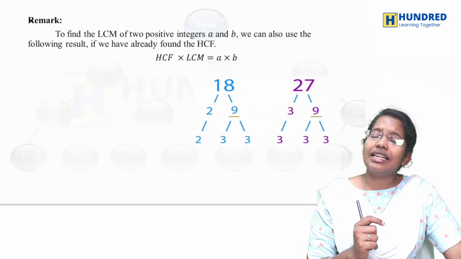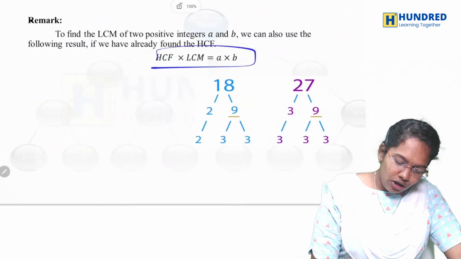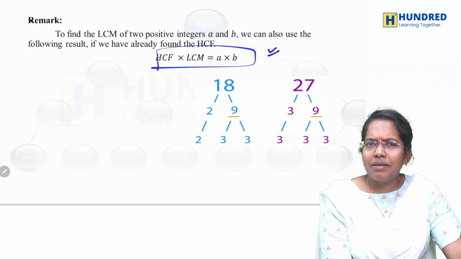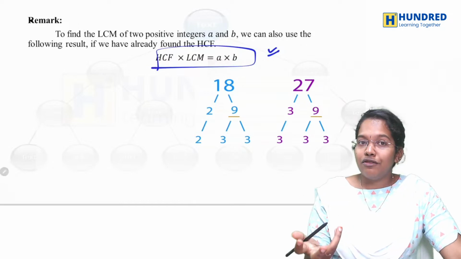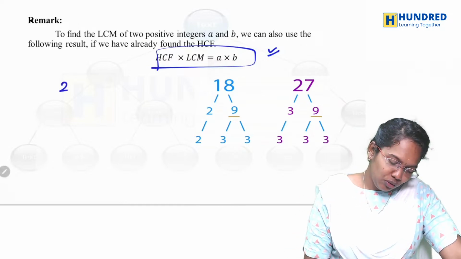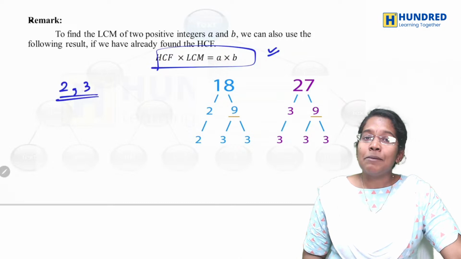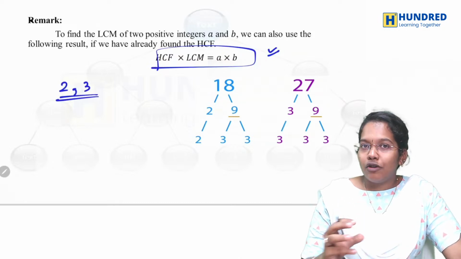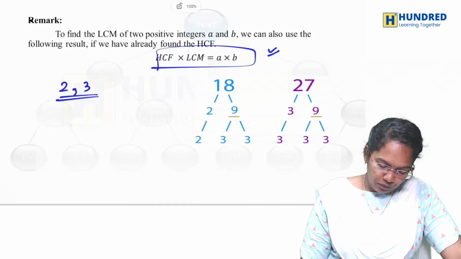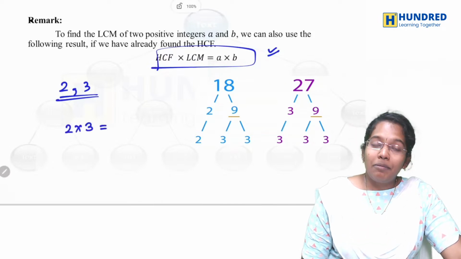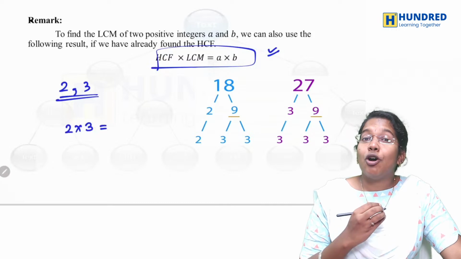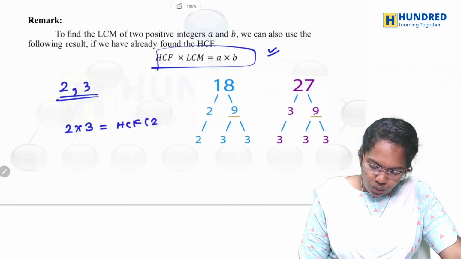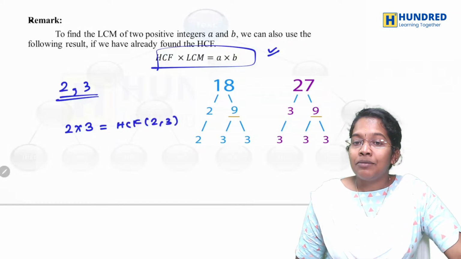Another thing you have to know is that HCF into LCM is always equal to A into B. What does this mean? If they give you two numbers, let's assume 2 and 3, the product of these two numbers, 2 into 3, will always be equal to the HCF of these two numbers into their LCM.